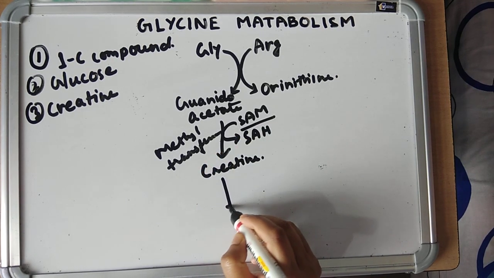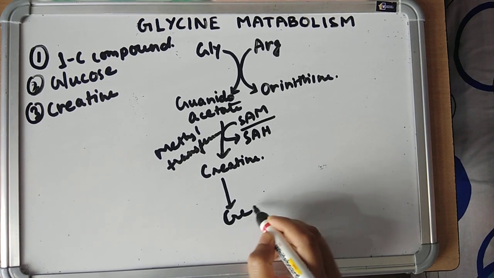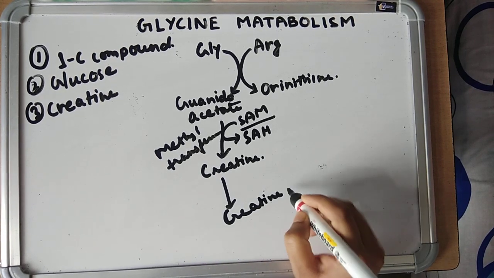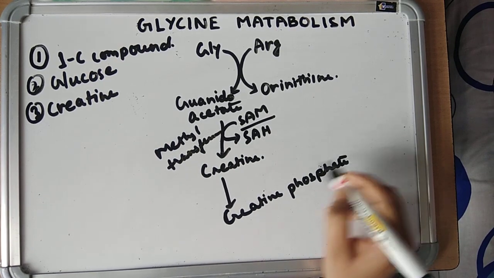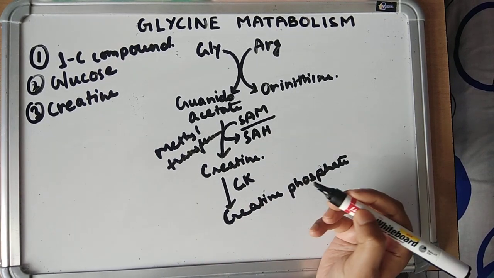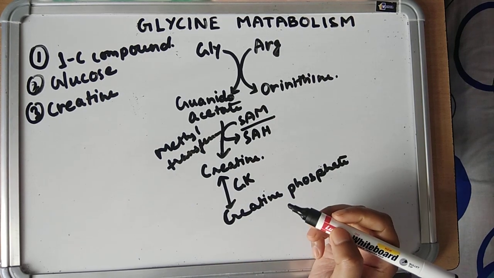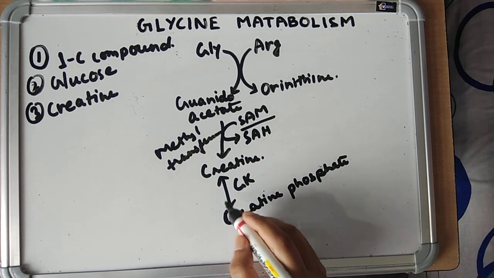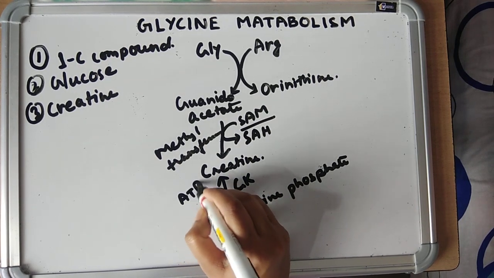Then creatine undergoes phosphorylation to form creatine phosphate by the enzyme creatine kinase. This is reversible. We can have creatine from creatine phosphate by creatine kinase enzyme. ATP is the phosphate donor.